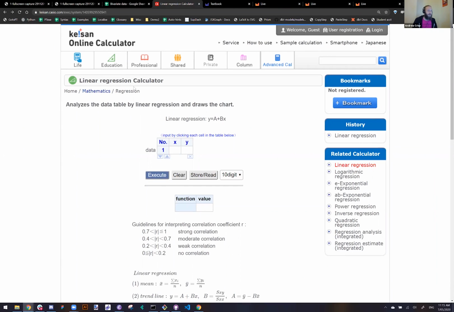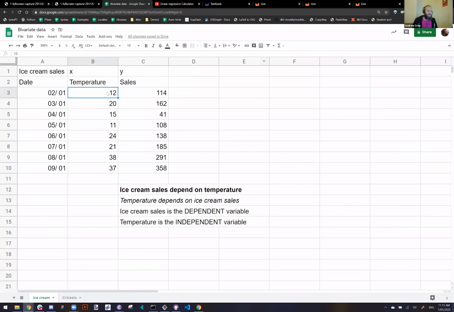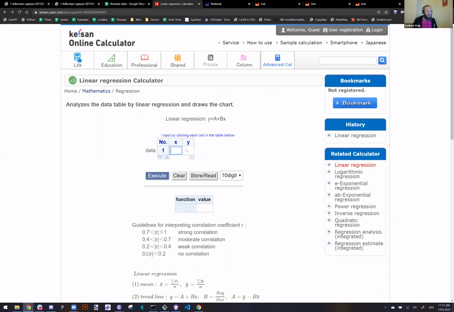It sounds a bit scary. We've already got so many words flying around, but if you type in linear regression calculator, or even something like line of best fit calculator, you'll find plenty of things on the internet that will do this calculation for you. So the nice thing about this particular one that I found is I can just copy the data here, now that I've got it in the X and Y the right way around, and I paste it into here.